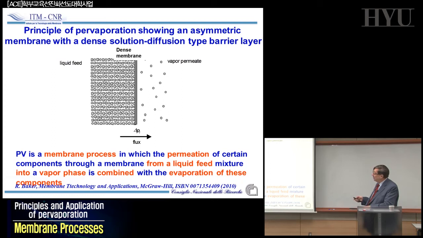An asymmetric membrane is a system in which part of the membrane is just a porous support, and the real membrane is the dense skin on one face.